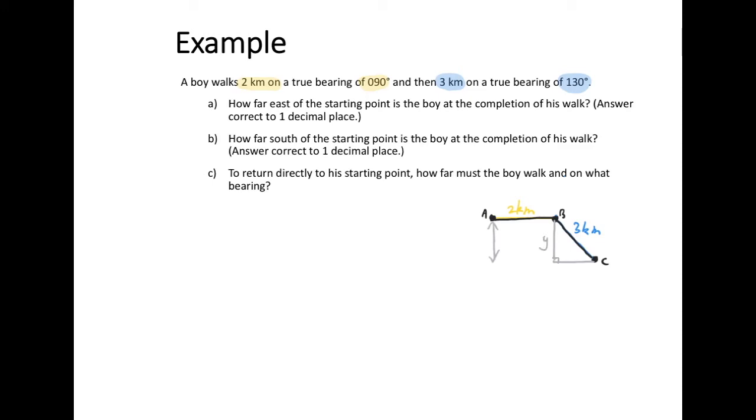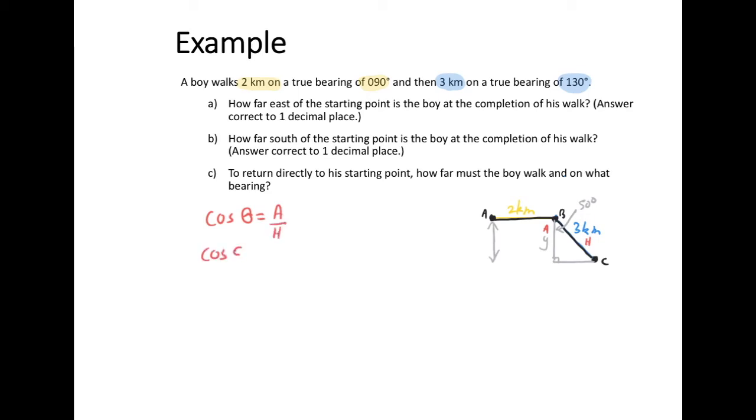And from part A, I know that this angle in here is going to be 50 degrees. So now I can use trigonometry, and I have got the hypotenuse side and the adjacent side, so I can use the cos. Cos of the angle is going to equal adjacent over hypotenuse.